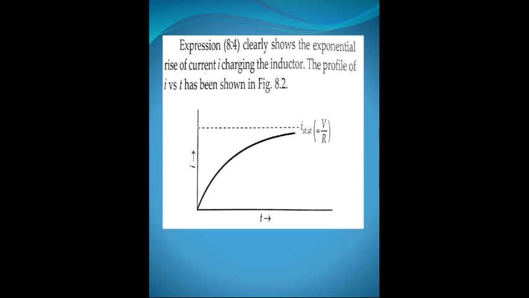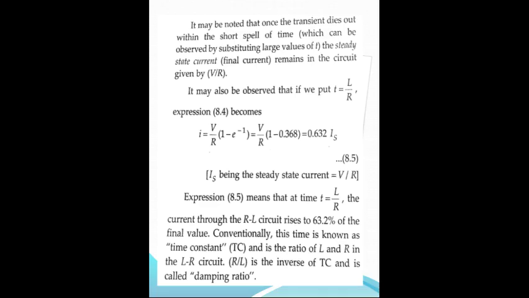It means when the switch is closed, then initially the inductor stores energy in the form of magnetic field. Now it may be noted that once the transient dies out, within a short spell of time, the steady state current V upon R remains in the circuit.